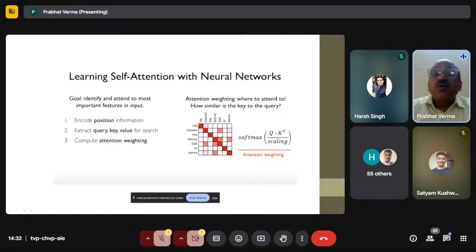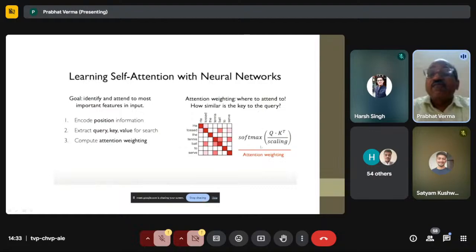On the row side we take the query, and on the column side we take the key. Then you can see the color of these cells: those which match exactly are the darkest in nature, and as they are far in relationship, they are lighter in nature.